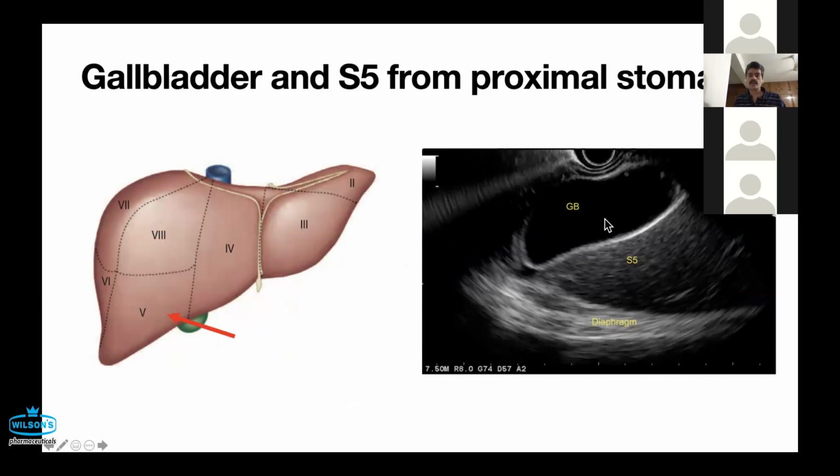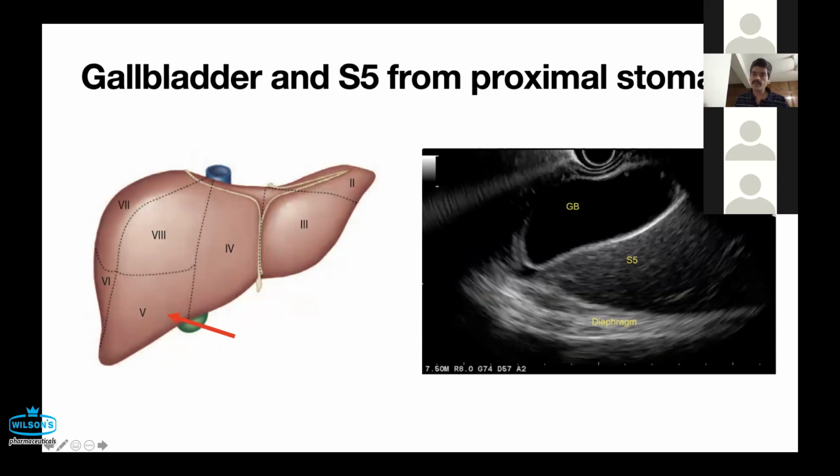And the segment of the liver that you see here is segment 5. So segment 5, which is part of the right lobe, can be seen from the proximal stomach, but is impossible or very difficult to see from the duodenum.